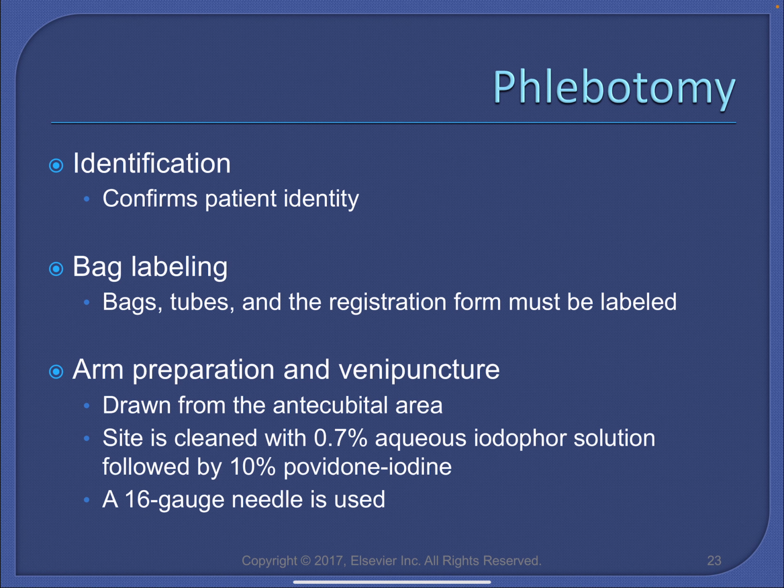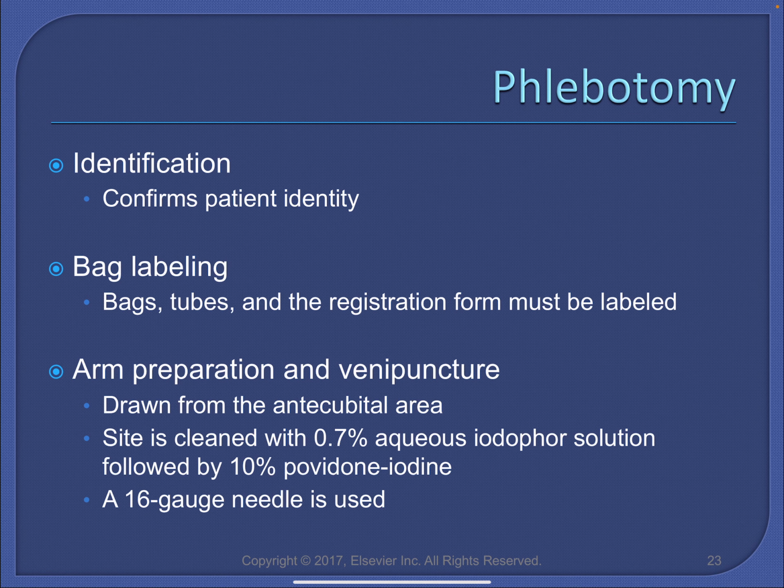And then after that, you want to prepare a solution of 10% povidone iodine, and you apply that. You will begin at the part where you will insert your needle, and then you continue outward in a concentric spiral. That's the iodine that gets used after you scrub the skin.